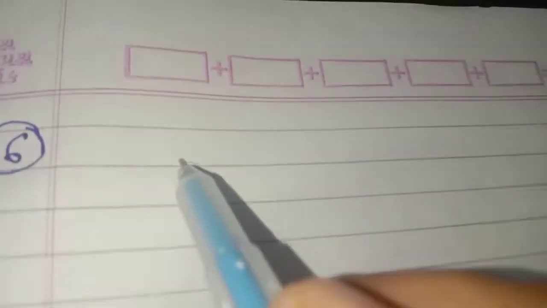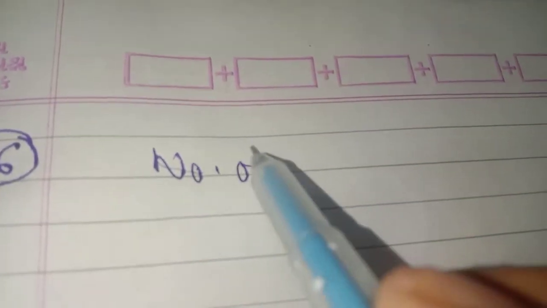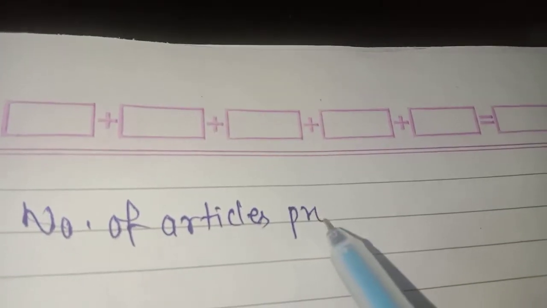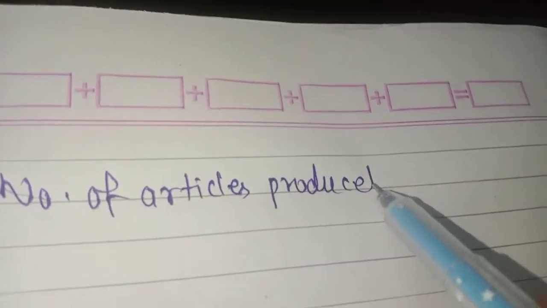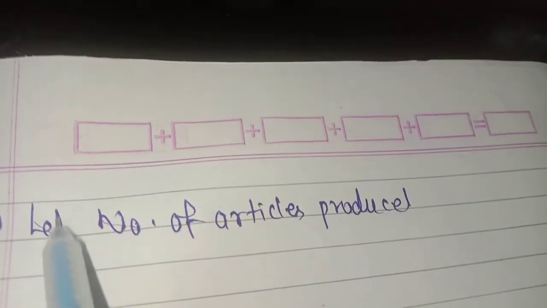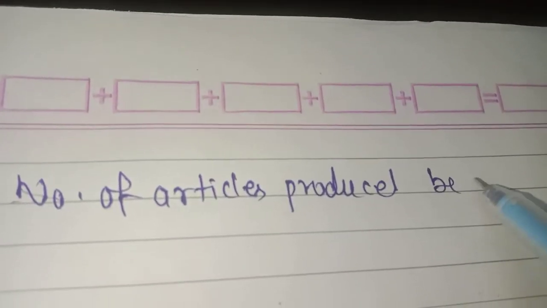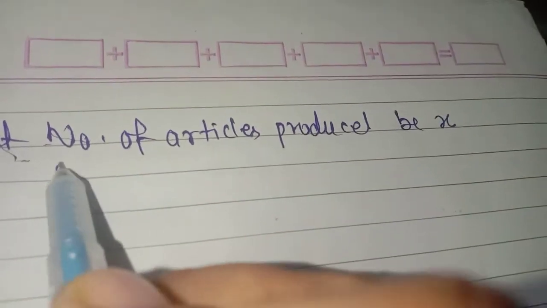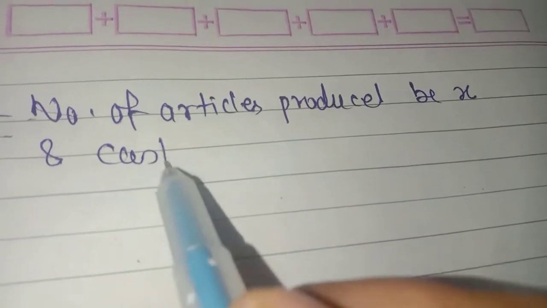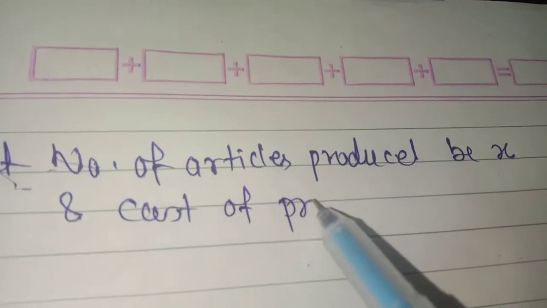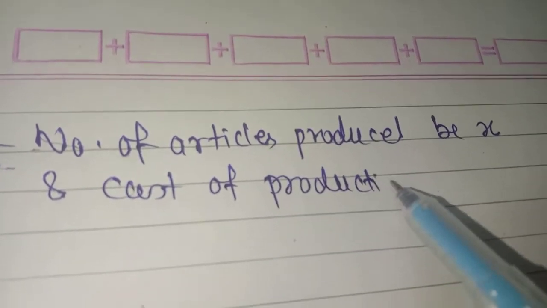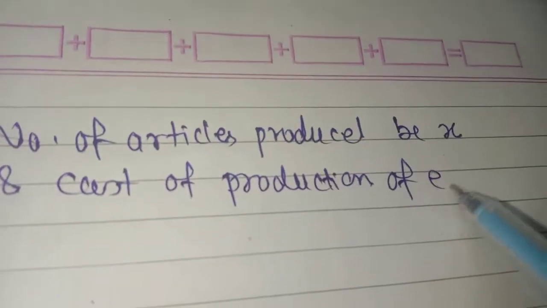So what we will write here? Let the number of articles produced be x, and the cost of production of each article.